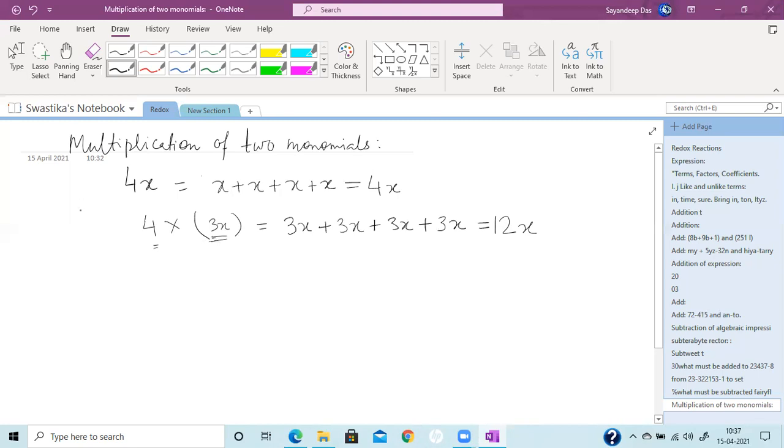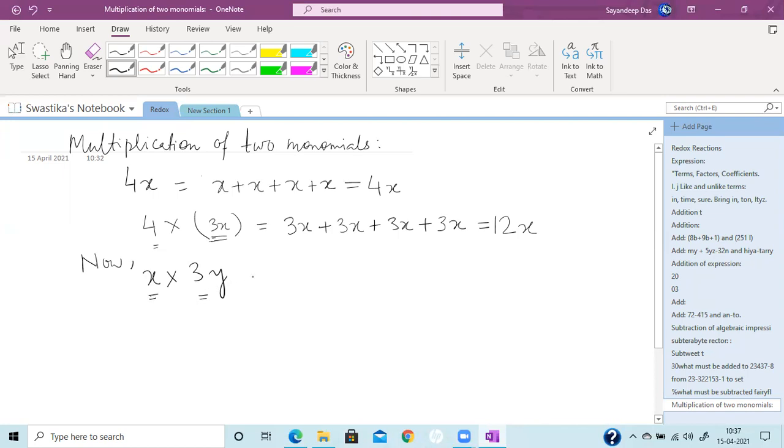Now let us observe this. If I write x into 3y, that means I have taken two monomials. x is a monomial and 3y is a monomial, and I am trying to multiply these two monomials, x into 3y.